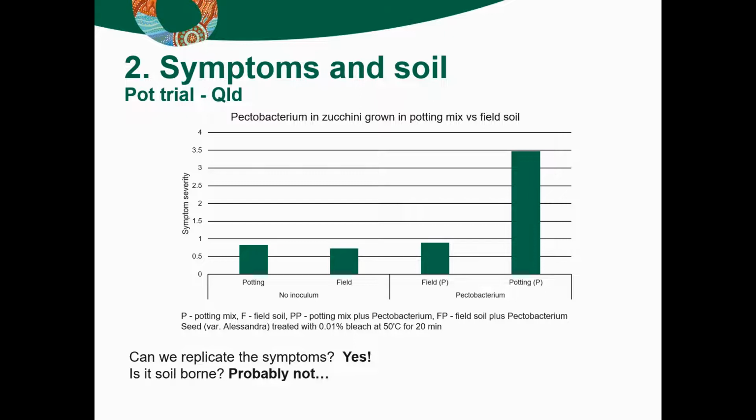You can see that we only got very good symptom severity in the potting mix that I inoculated. I tried very hard to kill these. We stab inoculated them. But for some reason, with the field soil, the plants were still pretty happy. My thinking here is that this potting mix is actually not the nicest stuff to grow in. It's a bit sandy and rocky, and maybe that kind of stress was just enough to get us some good symptom severity.